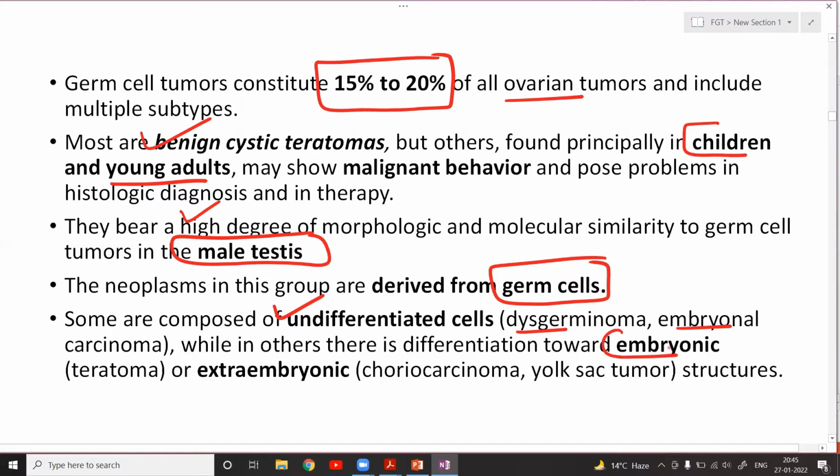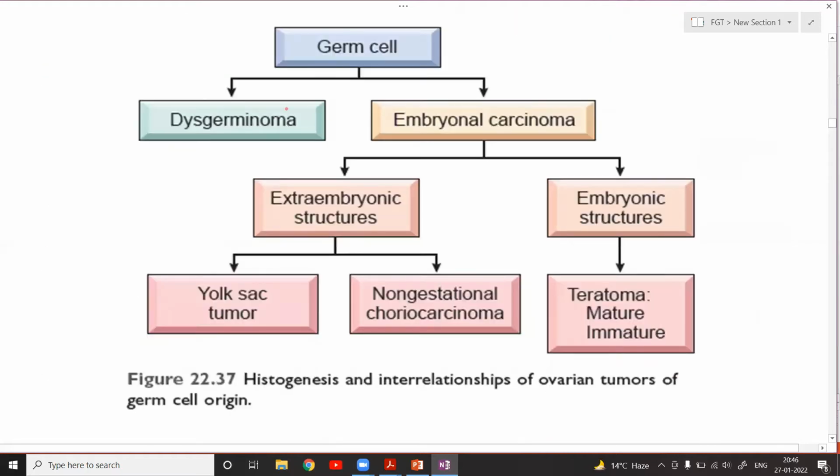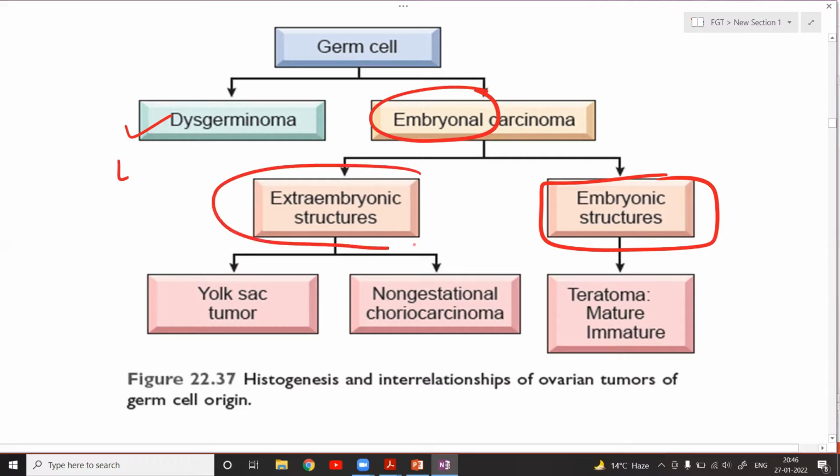Those showing differentiation towards embryonic structures give rise to teratoma, whereas those differentiating along the lines of extraembryonic structures give rise to non-gestational choriocarcinoma and yolk sac tumor.